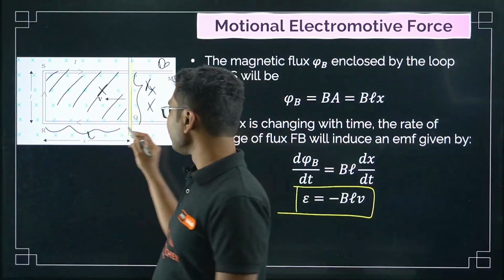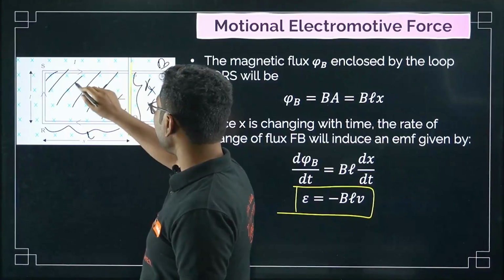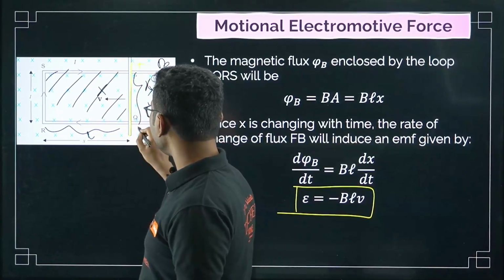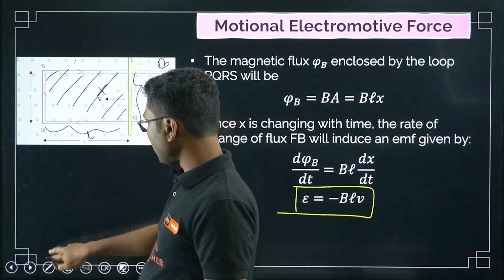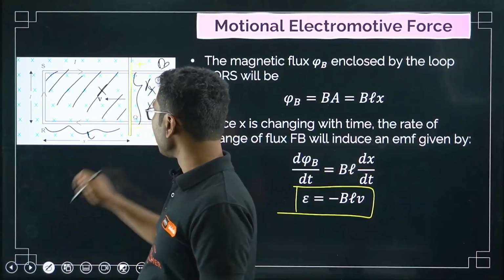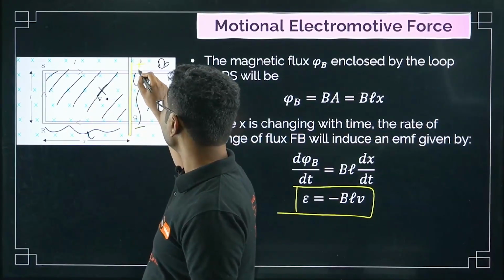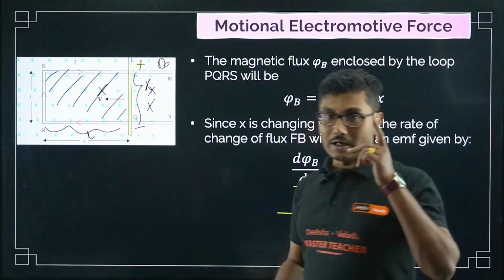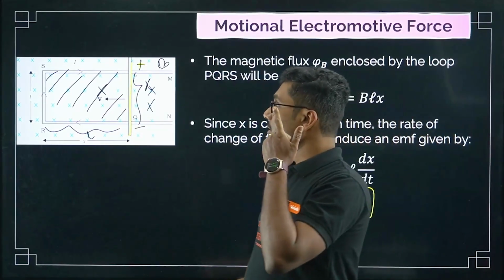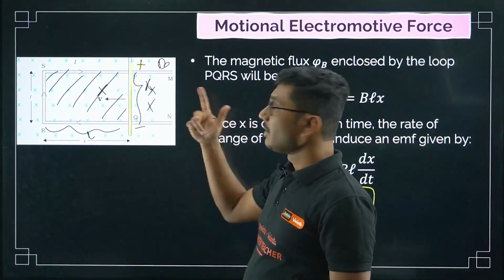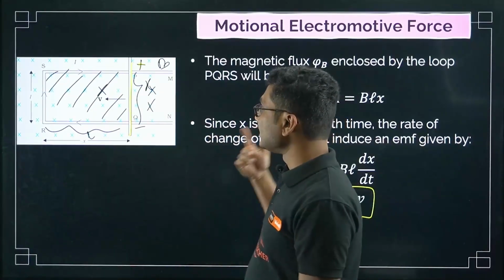Now in this case, this end is positive and this end is negative. Sometimes they might ask you what is the polarity of the induced EMF. You can use your right hand rule to find the direction of current.